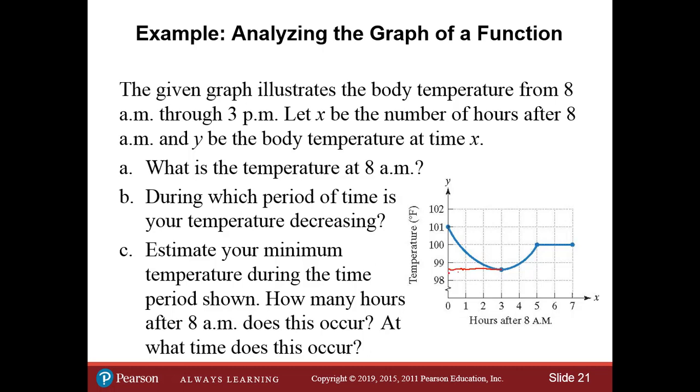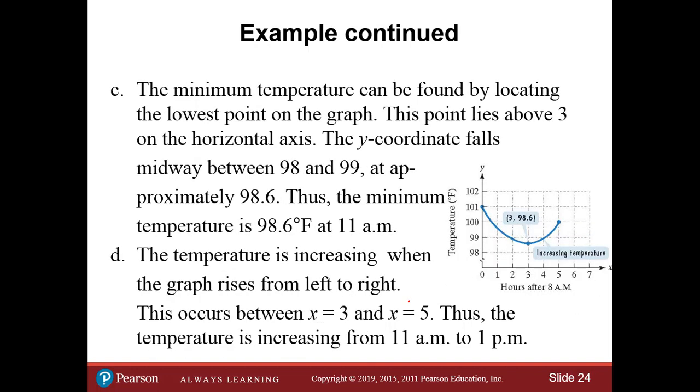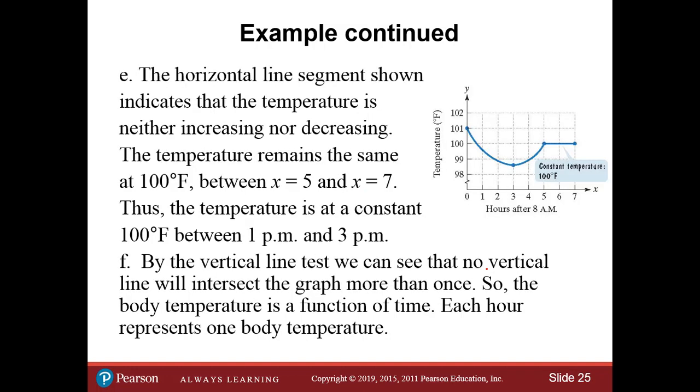We're at, this is 98 and 99, so we're a little more than halfway, so 98.6. We already saw the answer, but that's correct. So 98.6 at 11 a.m. Okay, we did that one.